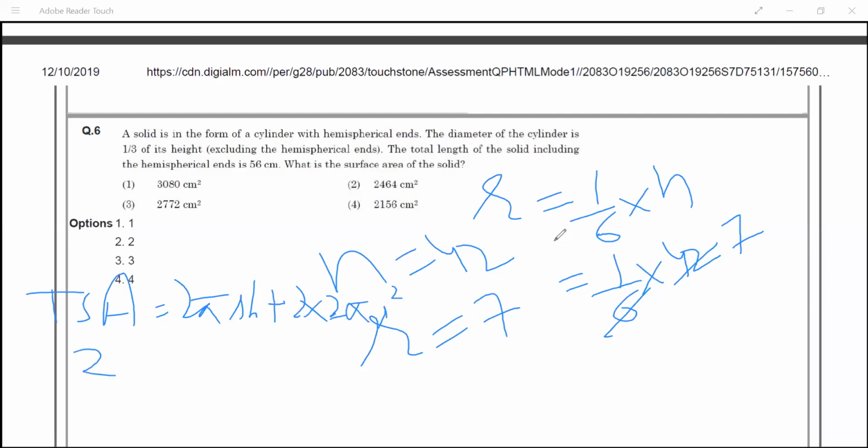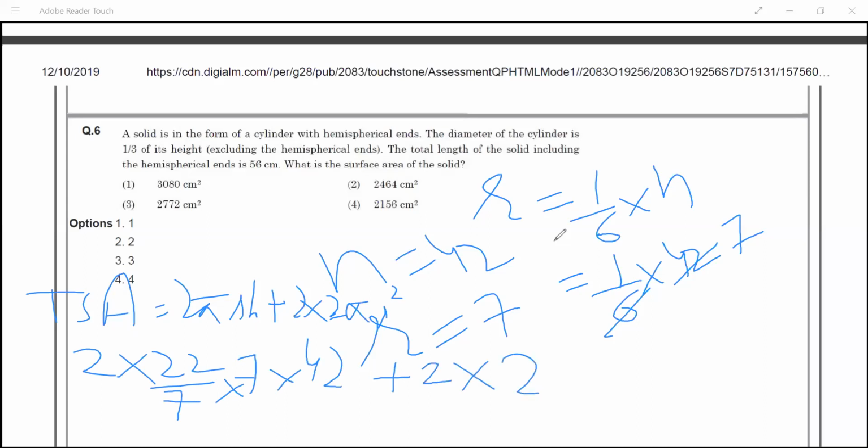So 2 multiplied by 22 by 7 into my radius, which is 7, into my height, which is 42, plus 2 multiplied by 2 multiplied by 22 by 7 multiplied by r square, which is 7 into 7. So 7 7 cut down, here 7 7 cut down.